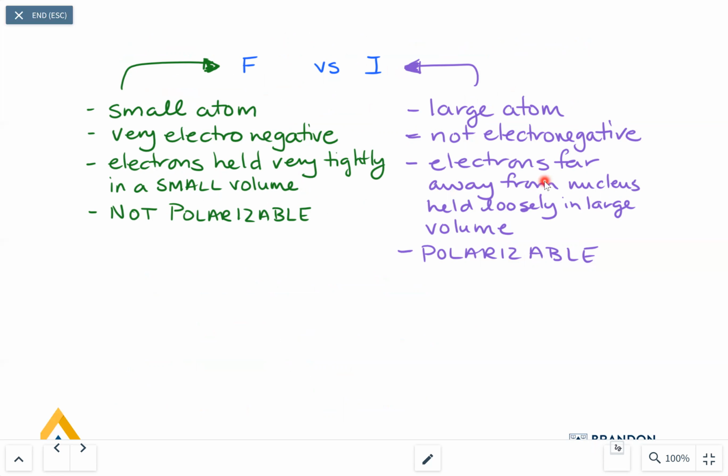The simplest way to figure that out, and you typically don't go wrong this way, is that the further you go down the periodic table, the larger the volume and the atomic radius are going to be, because the electrons are in orbitals that are further and further away from the nucleus.